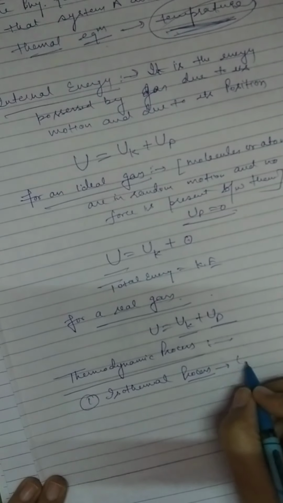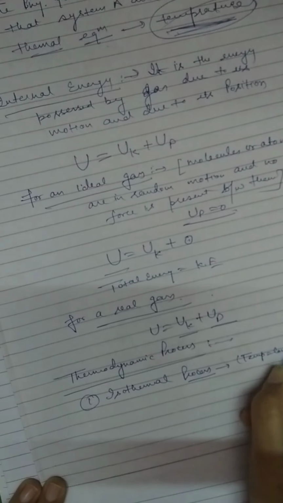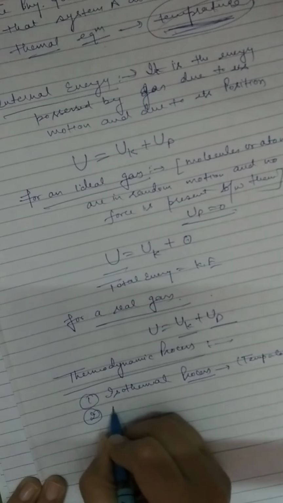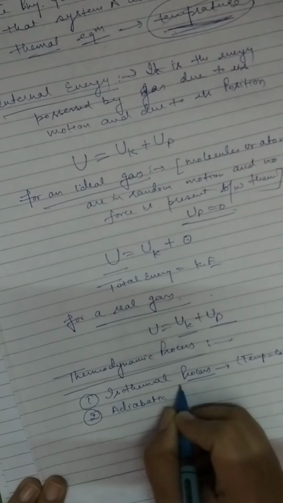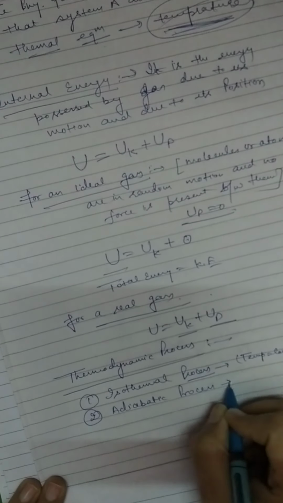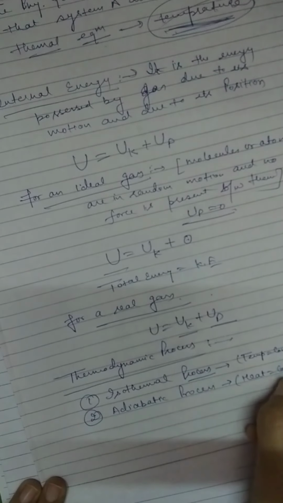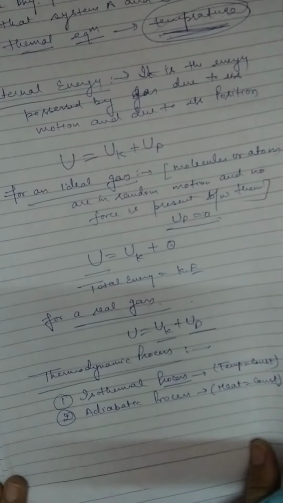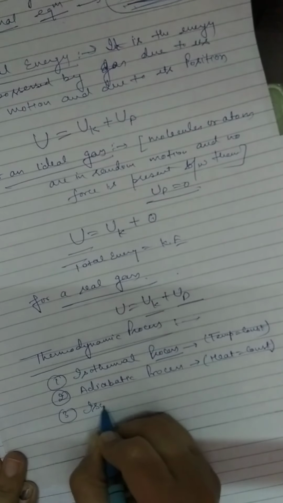It is that process in which the temperature remains constant, right? Next is the adiabatic process. In an adiabatic process the heat content remains constant. Heat does not flow from one body to another.